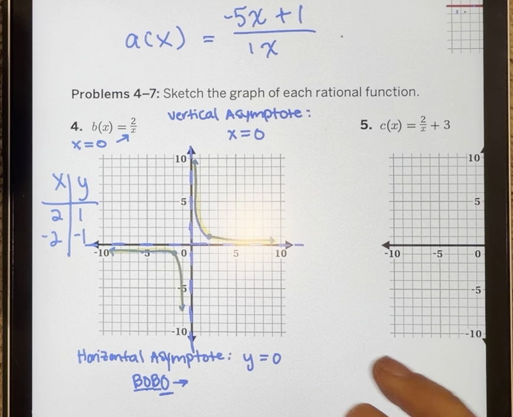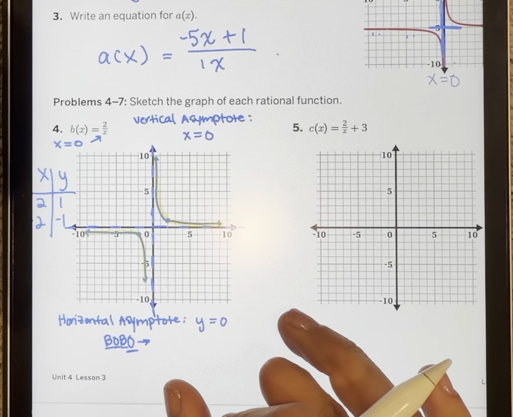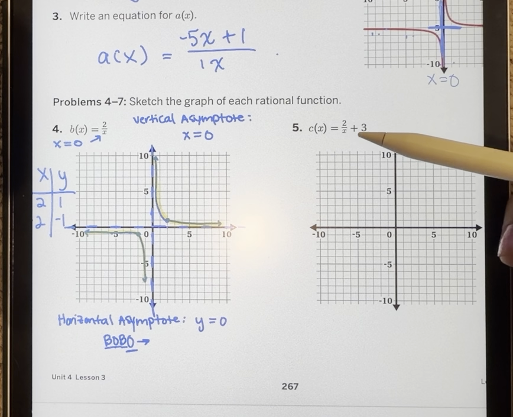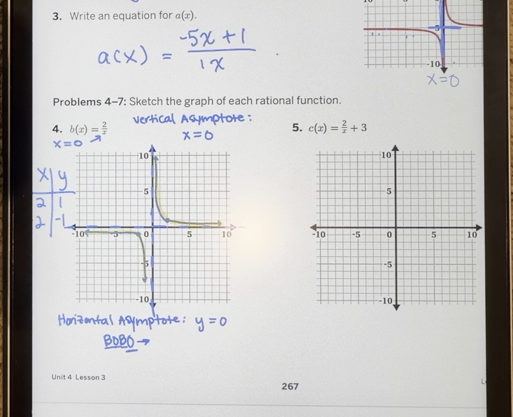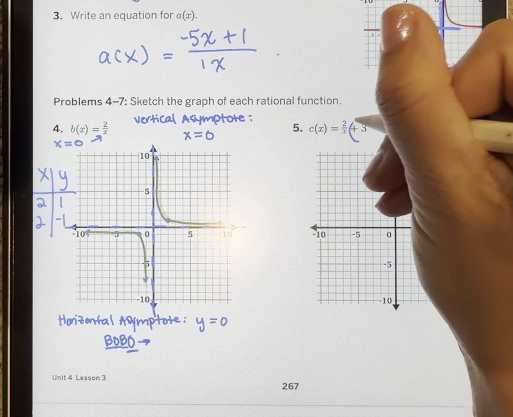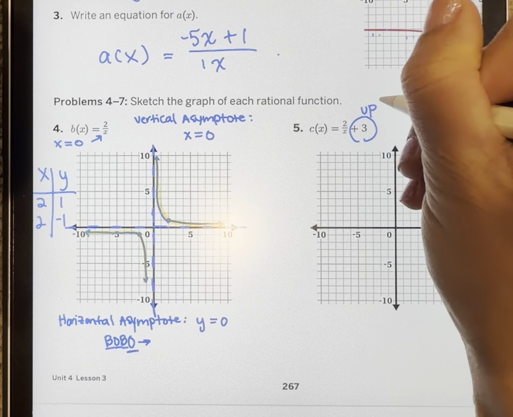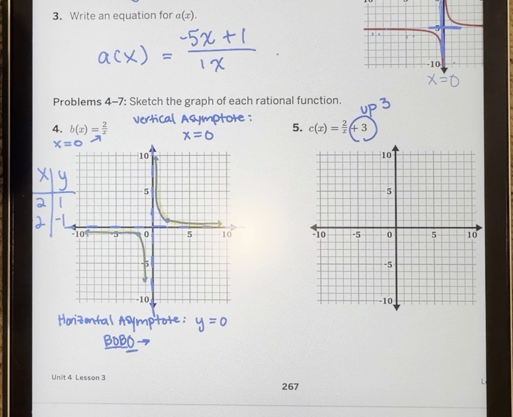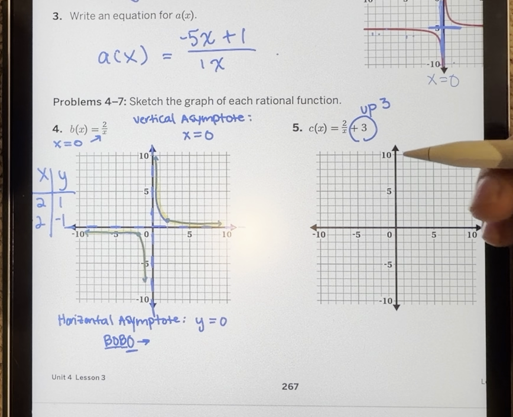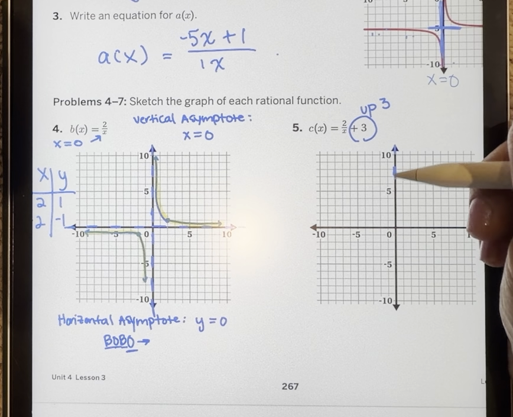Okay, that's that sketch. And then now they want me to sketch 2 over x plus 3. Well, this is exactly what I just sketched, except that it has moved up 3. Okay, remember your transformations. So my vertical asymptote was right here.